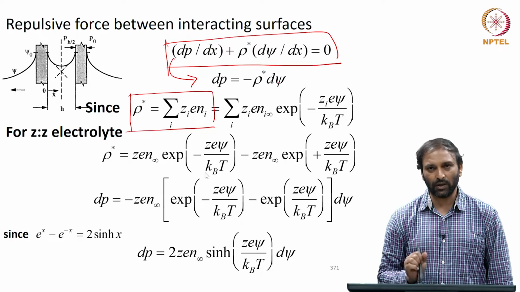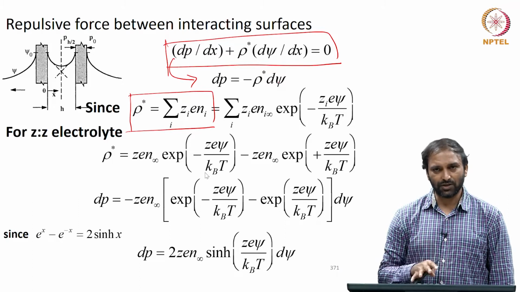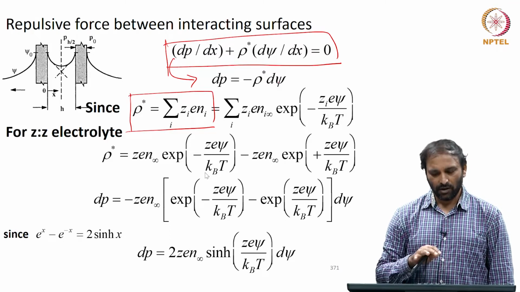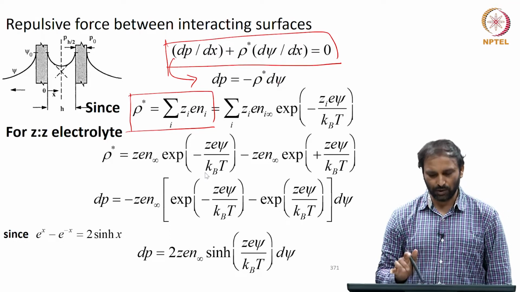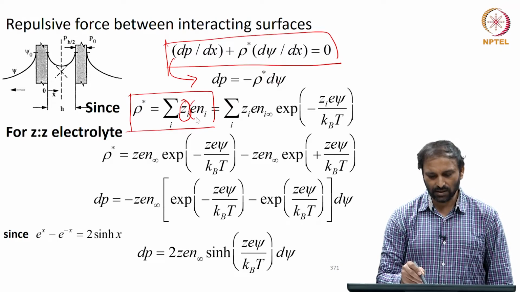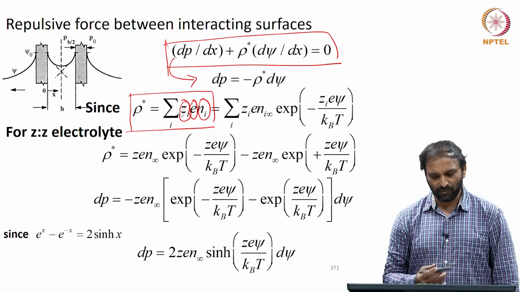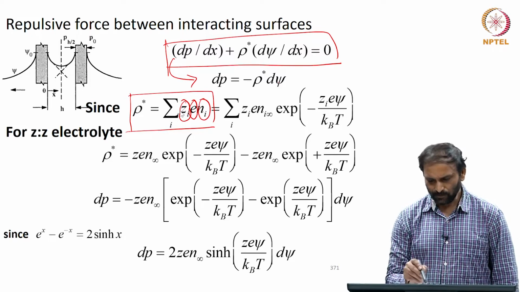All that we are doing is summing up the charge contribution from different types of ions in solution. Z i is the valency, e is the charge on the electron, and n i is the concentration of the ith type of ions in solution.